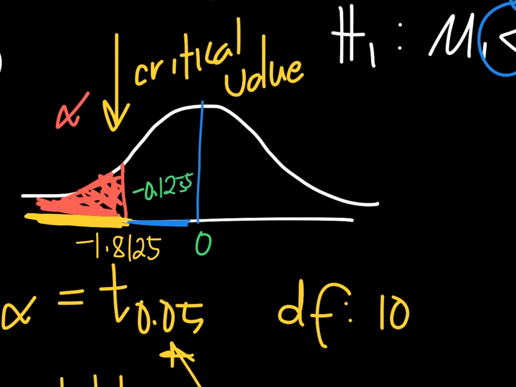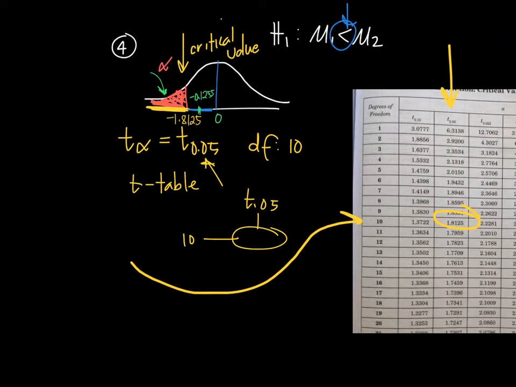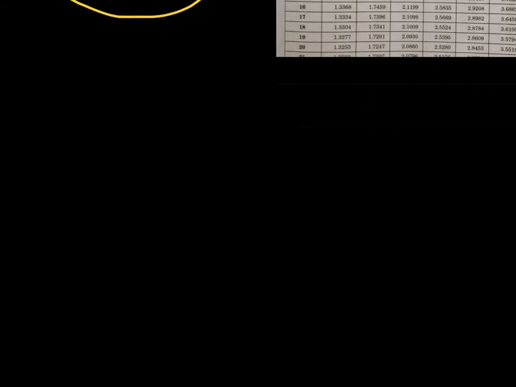So it should be before the negative 1.8125 if the direction is going to the left. Now since the number is somewhere here, it went outside our area of rejection. So with that, we now create our conclusion.